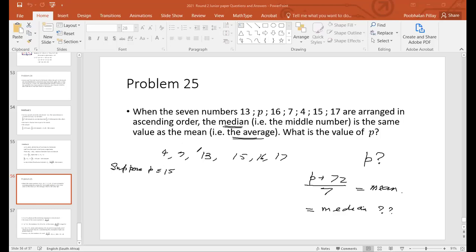If that is the case, what will the median be? Suppose P is like 2. Then you have 2, 4, 7, and the median will be 13.